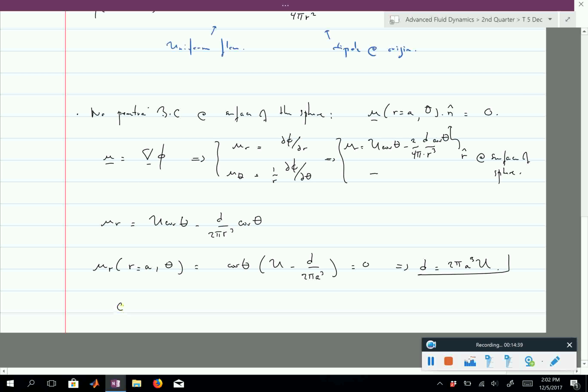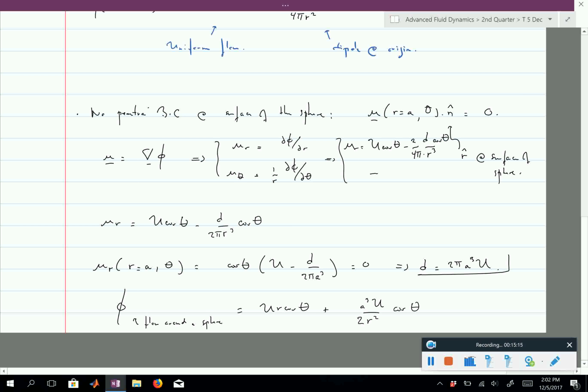So if you write the potential phi for the flow around the sphere, it will be u r cosine theta plus 2 pi a cubed u divided by 4 pi, so this is 1/2 r squared, cosine theta.